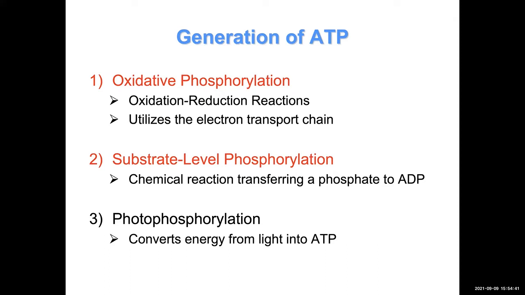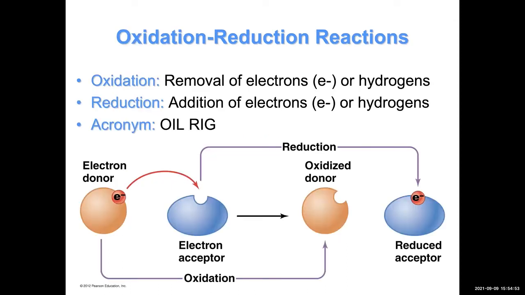Now, when we're talking about oxidative phosphorylation utilizing the electron transport chain, this occurs through a series of oxidation reduction reactions that we're going to be discussing. So what does it mean to have oxidation reduction reactions?